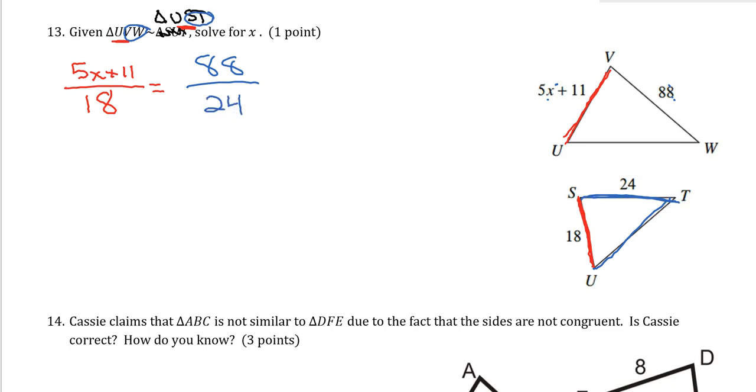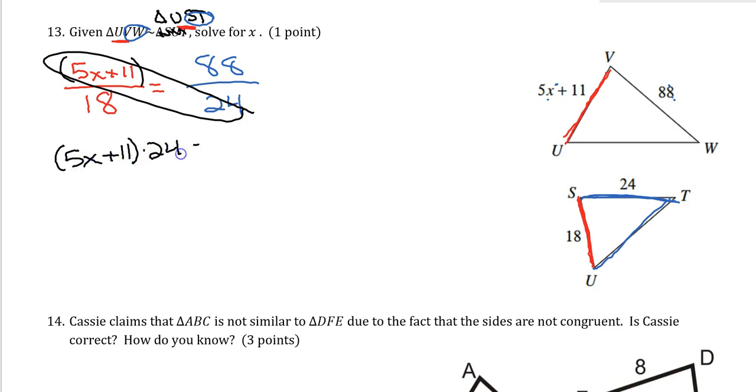Okay. Then again, I'm doing the cross product property, but be careful. I need my parentheses. Okay, remember, anytime you have a plus sign or a minus sign, you need those parentheses. So I have 5x plus 11 times 24 equals 18 times 88.